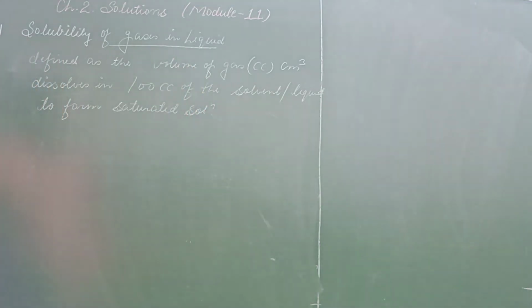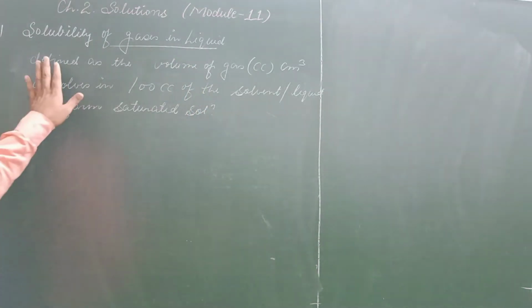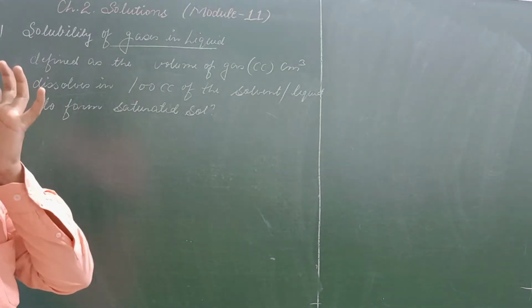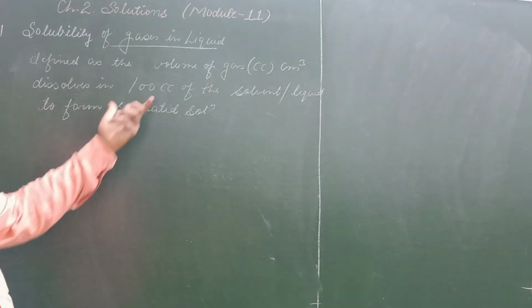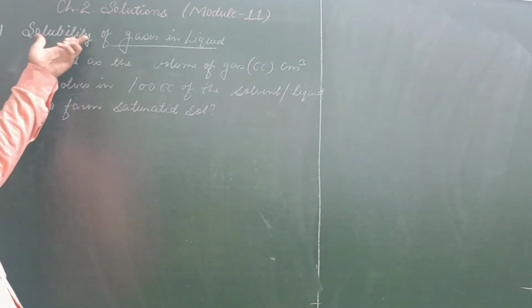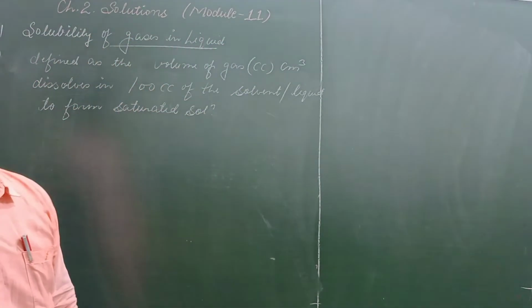So here we have taken the maximum volume of the gas, and that has to be dissolved in 100 cc of the solvent or liquid. This is the solubility of gases in liquid.